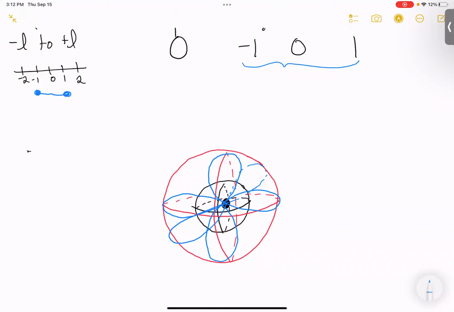That's what we're describing when we start describing these numbers. You had the 1s, that was our beginning. Then we went to the 2 for the principal quantum number, the second shell. And in that second shell, you had an s, which is the big circle, and you had the p, which are the 3 dumbbells.